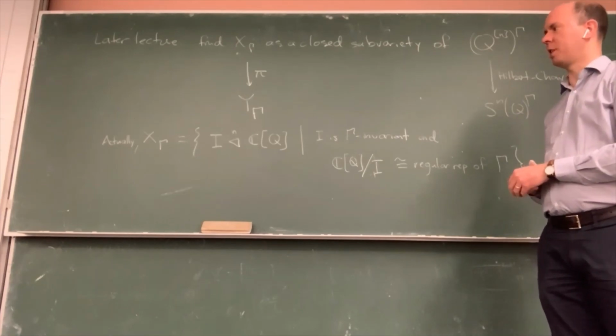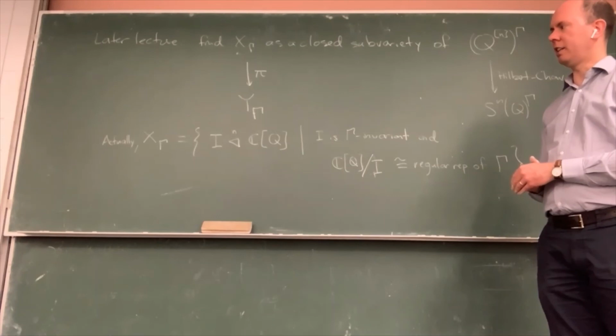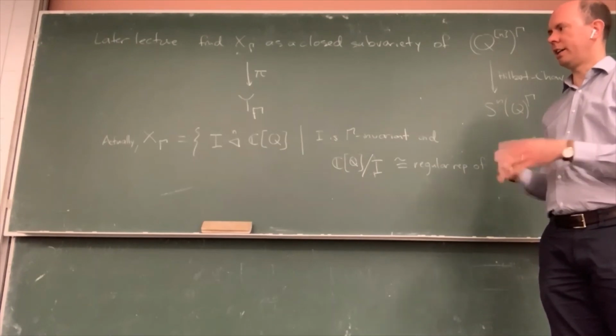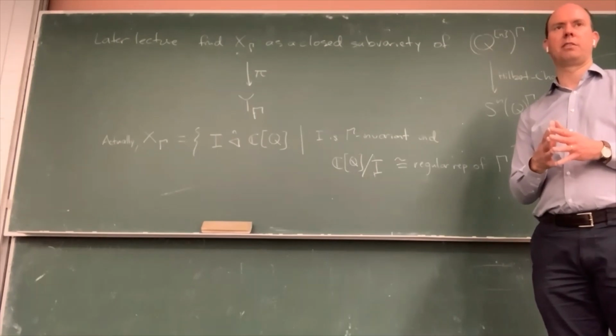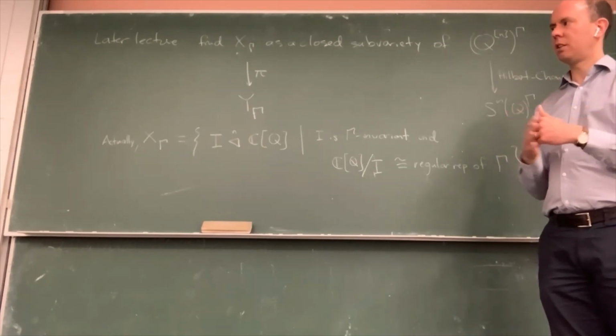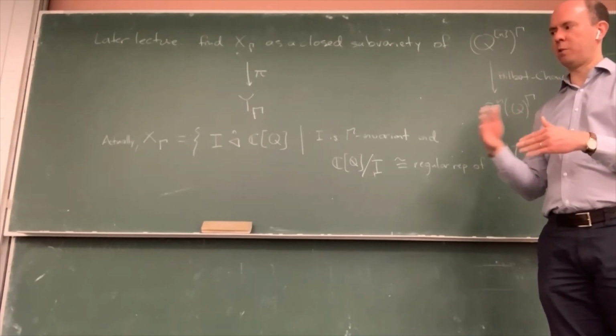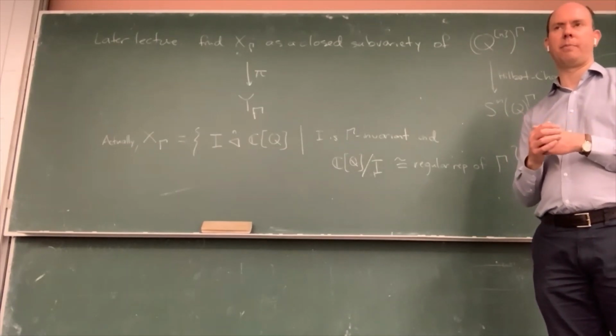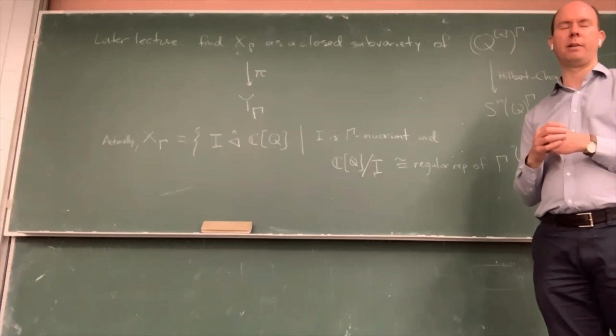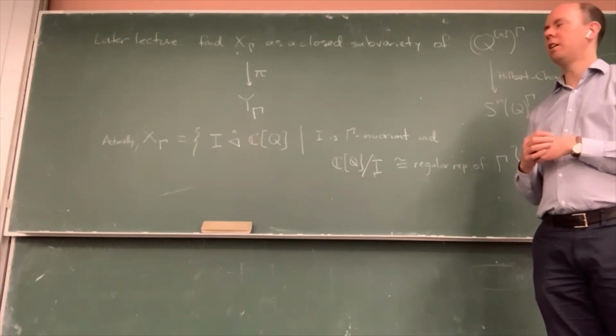And as a consequence of that, the Dynkin graph can also be interpreted in terms of the K theory of X gamma, because the intersection of the P1s determines the intersection form on the second homology of X gamma.